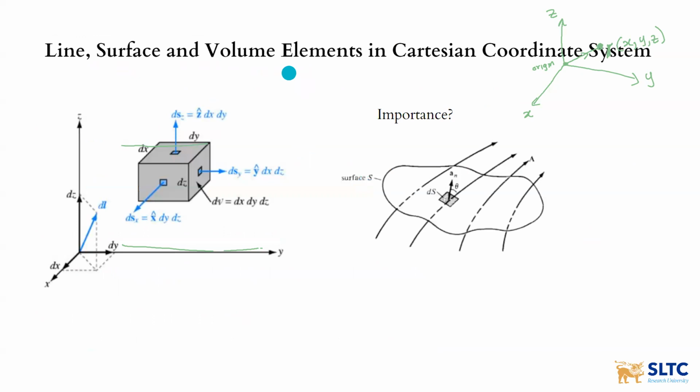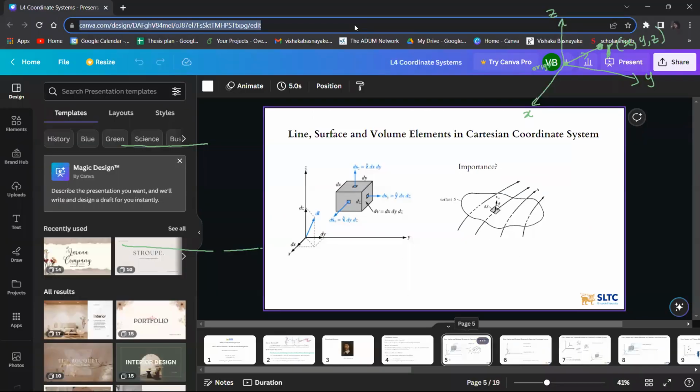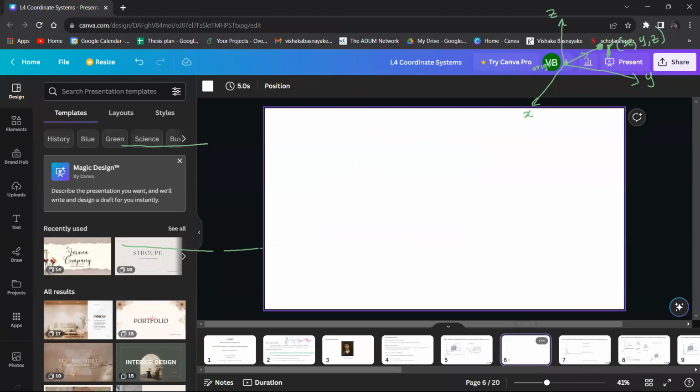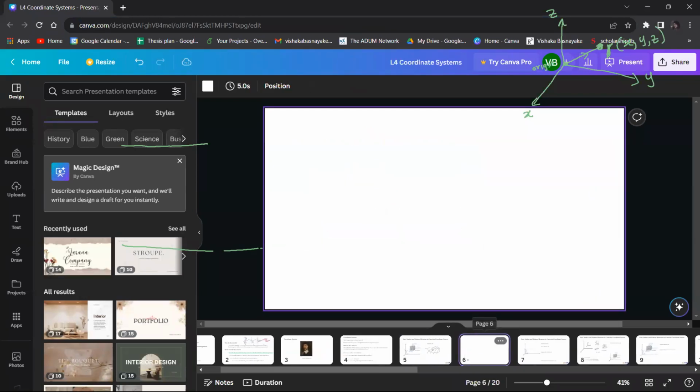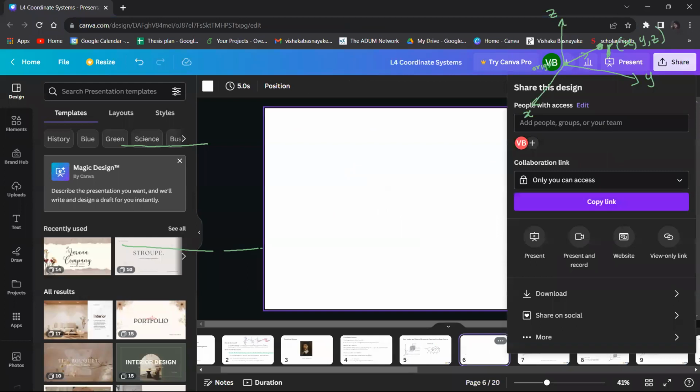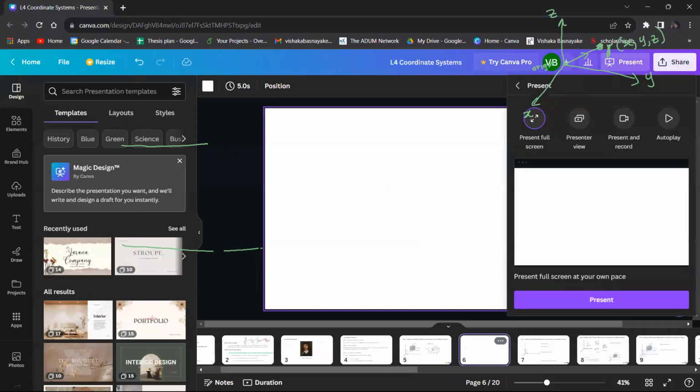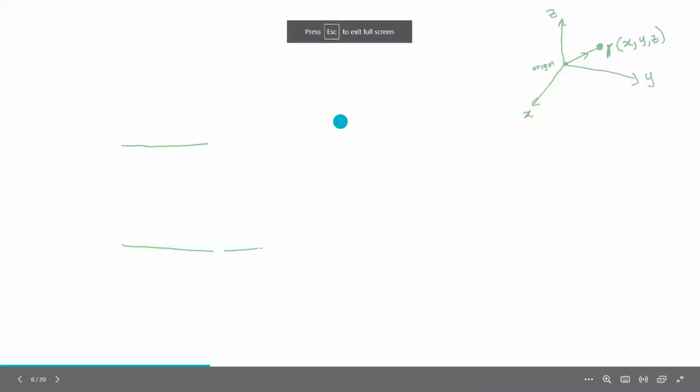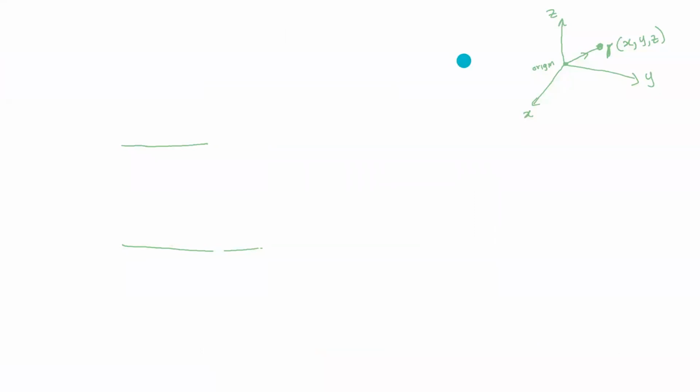I think I will take a separate slide and explain how we can visualize these elements. The position vector we can understand, so that is clear. The line element, surface element, and volume element, I will explain.